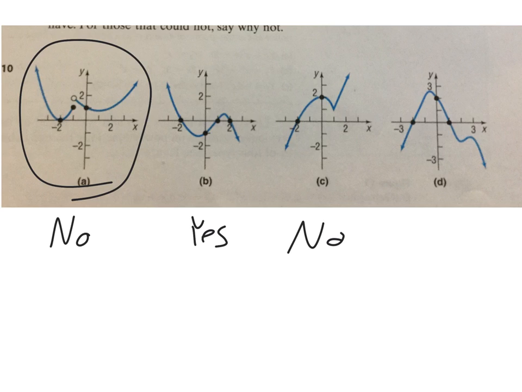Make sure you see the difference between a cusp and these, because they're rounded off, kind of like parabolas are. That's why there's a big difference between the absolute value V and a parabola U, because the absolute value is not smooth, it has that sharp bend in it. So the last one also could be a polynomial graph.